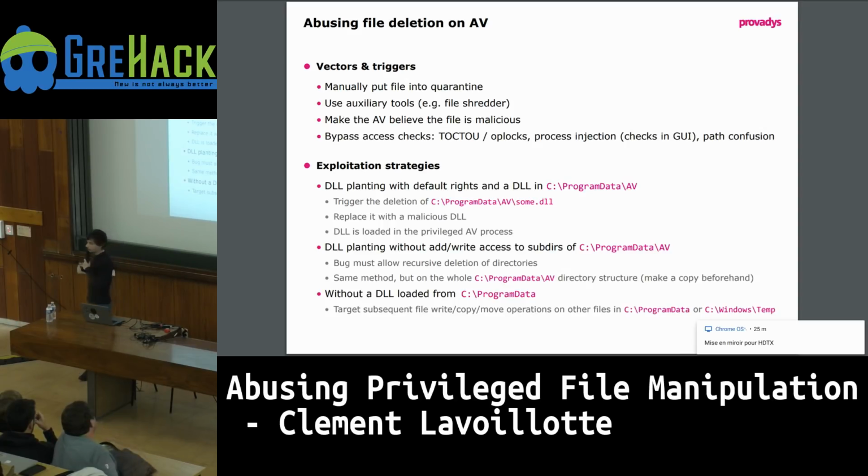And if we don't have any DLL loaded from these directories, but still have some other files that are accessed by the privileged program, we can then target these subsequent file operations. Because if we delete the subdirectories and recreate them, because we own the files, we can now use the same technique as before, for instance in the file write or stuff like that, to attack the program.